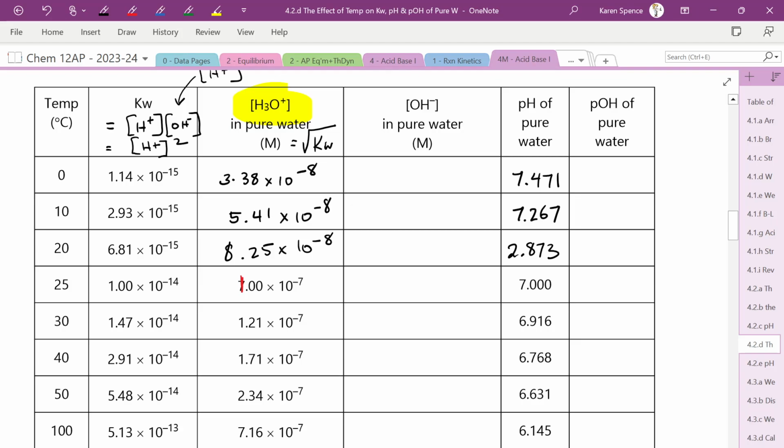Okay, so if you've got those, the concentration of hydrogen and the pH, what is the concentration of hydroxide, relatively speaking? They are equal because this is pure water. So you can just go through and copy all of those down.